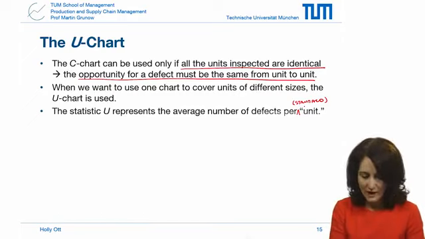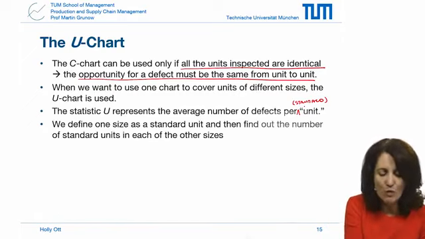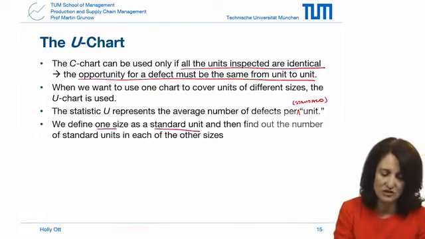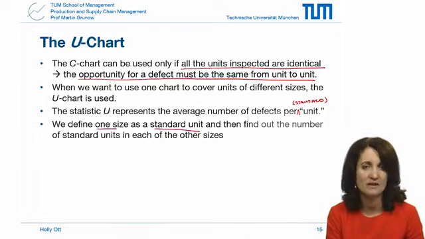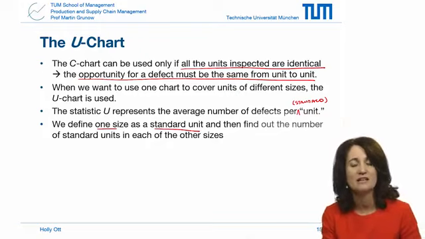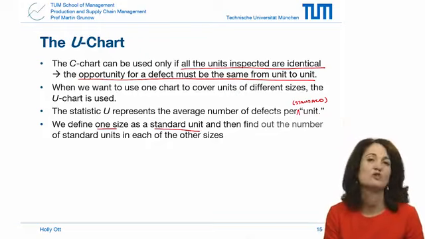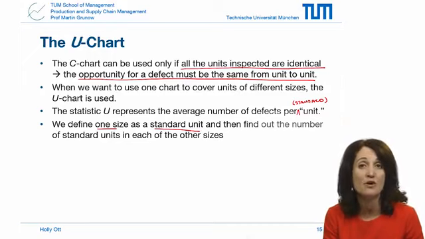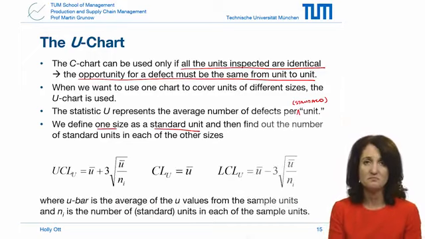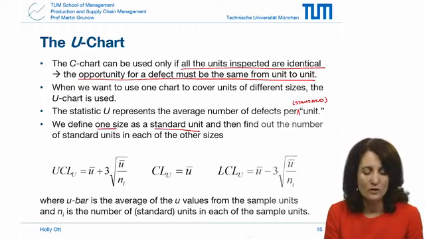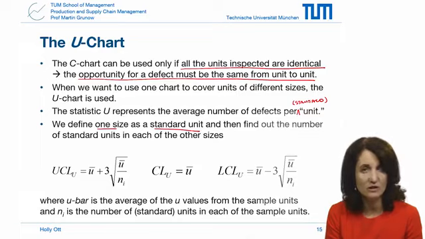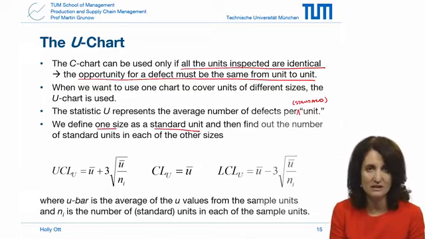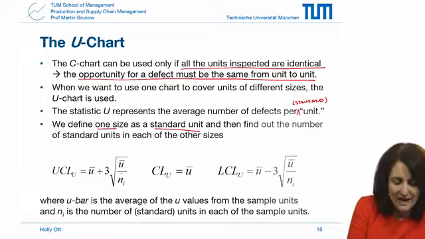The way we're going to do this is to define one size as our standard unit. The extra work is that all the other sizes have to be transformed into a standard unit or a number of standard units. So we're going to be using different control limits for our U chart, which will depend on an N value.